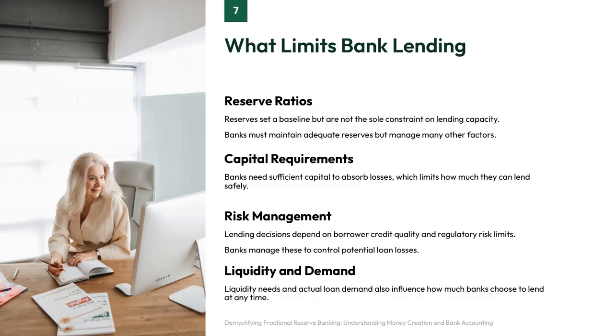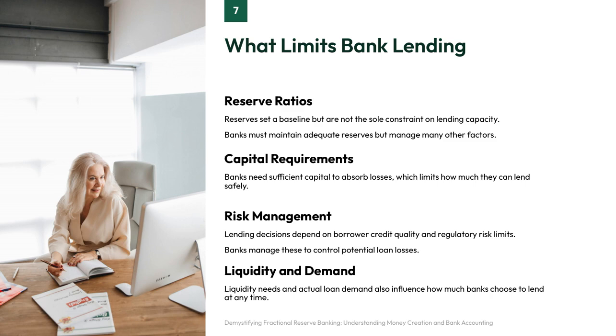When we talk about what limits bank lending, there are several key factors to consider. First, reserve ratios establish a baseline for lending capacity. While banks must keep adequate reserves, these ratios alone don't fully restrict how much they can lend. Next, capital requirements play a crucial role. Banks need enough capital to absorb potential losses, which directly limits the safe amount they can lend.